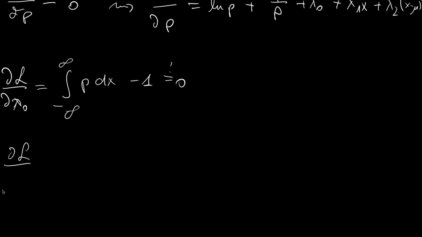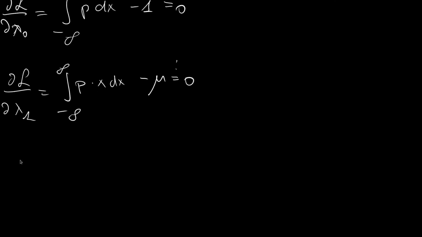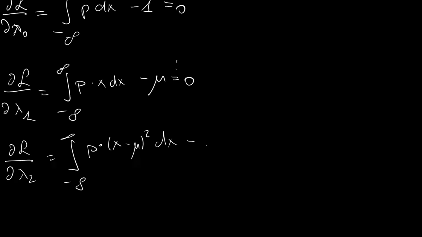And then we do the partial derivative with respect to lambda 1, and we're getting the integral from minus infinity to plus infinity over p times x dx minus mu, which has to hold to 0. And we have the partial derivative with respect to lambda 2, the integral from minus infinity to plus infinity over p times (x minus mu) in brackets squared dx minus sigma squared, which has to hold to 0.